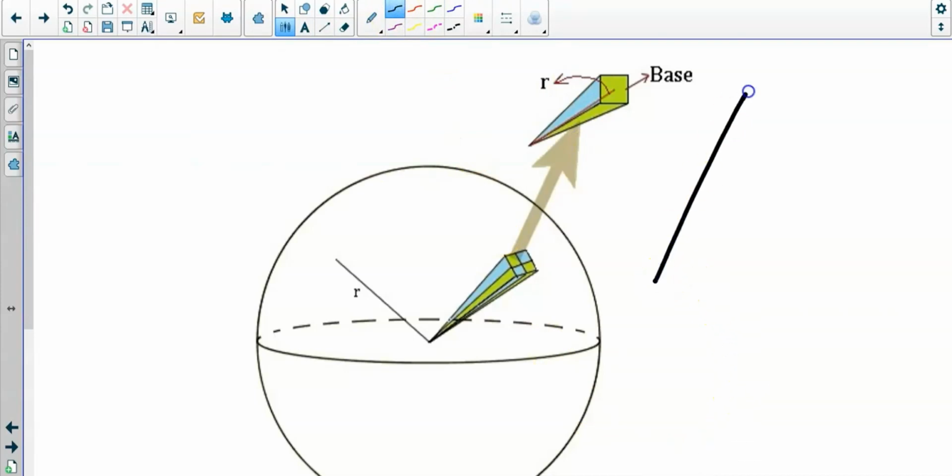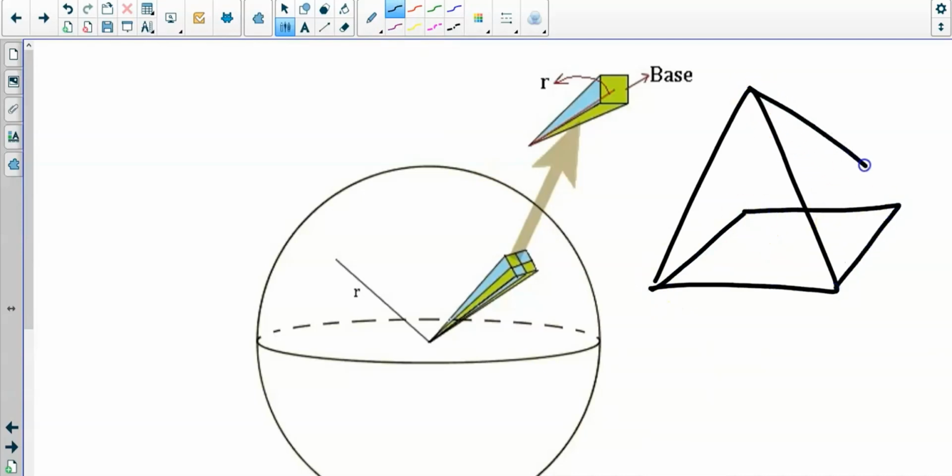In a pyramid, one thing I need you to know, this is a horrible pyramid, but I'll go with it. So here's a pyramid. In a pyramid, where that height is coming from, and the same thing for a cone, there are actually 2 heights on a pyramid and 2 heights on a cone.